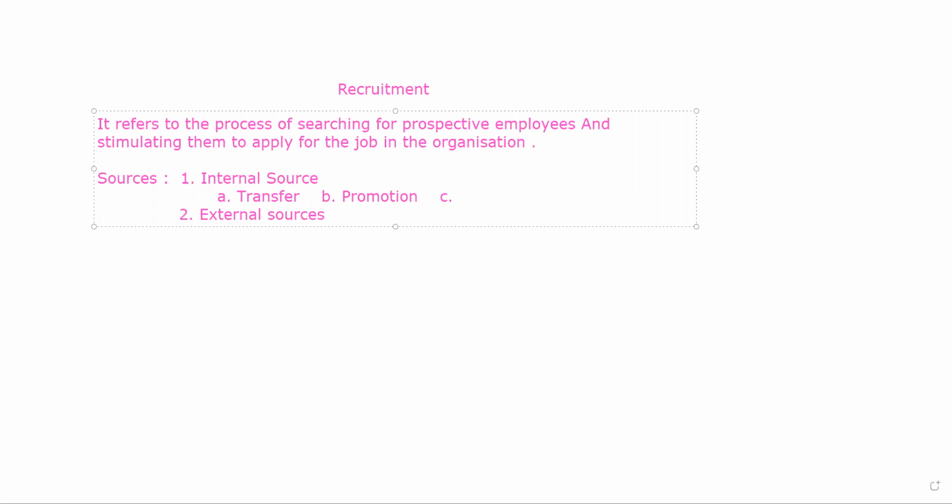The next is layoff. Now, these are the internal sources. If I talk about the external sources of the business, what can they be? Firstly, we will talk about the names of the sources, then we will have an explanatory discussion about this.